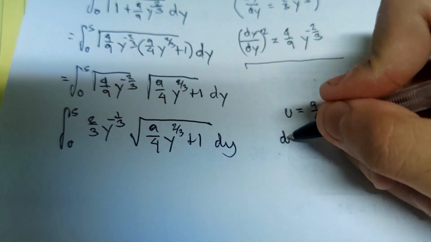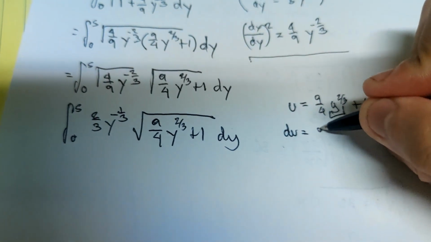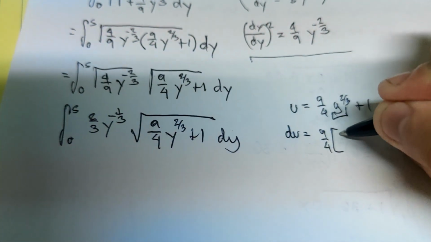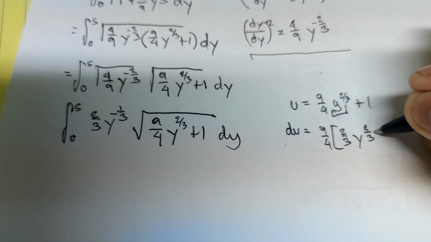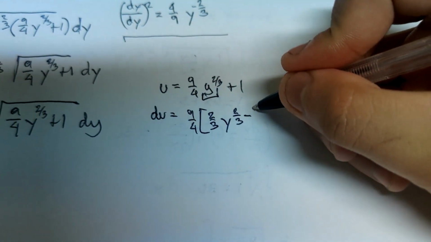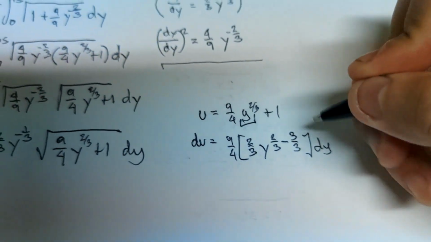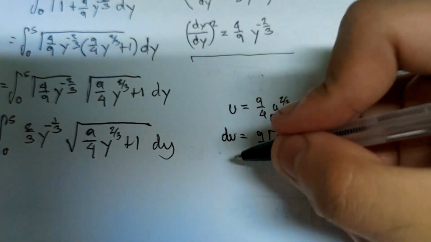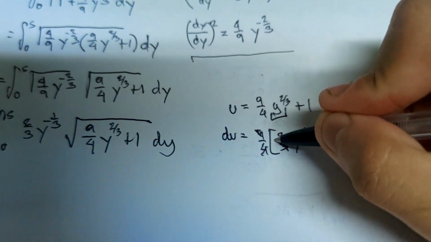So the du of this one becomes 9/4 times 2/3 y raised to 2/3 minus 3/3 dy. Here we can cancel this out, 9 to 3, 4 to 2.